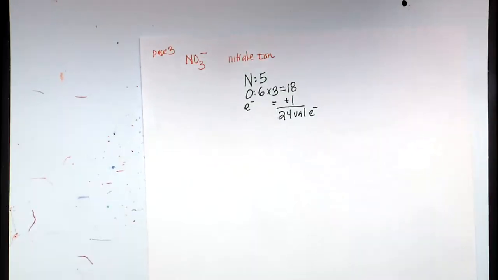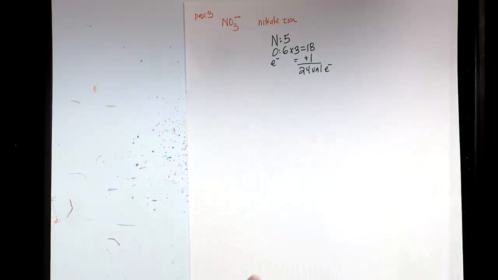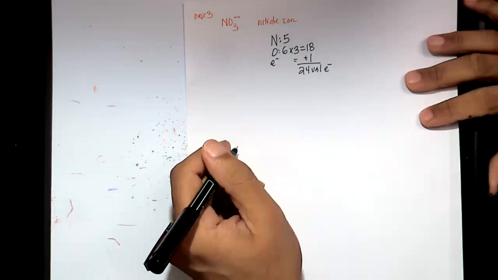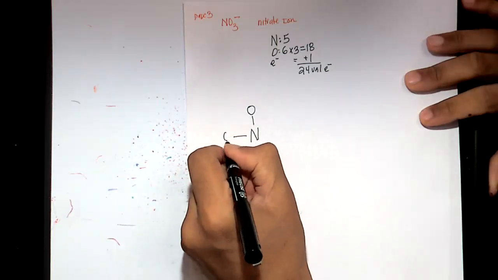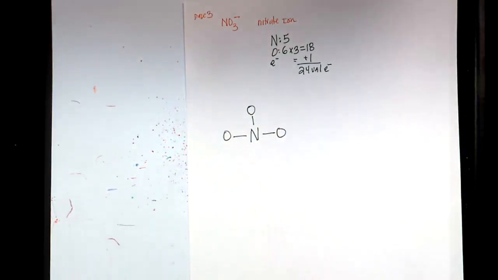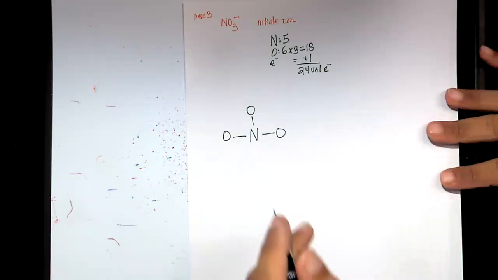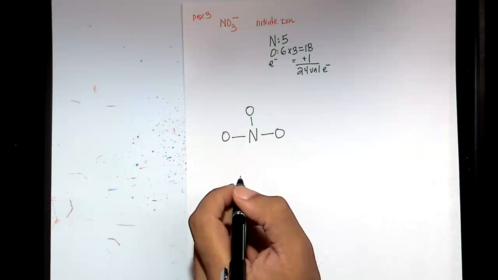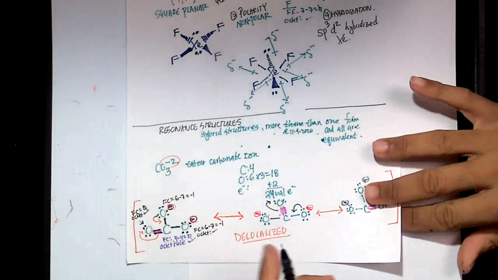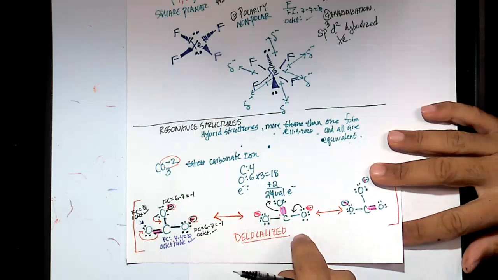Let's make nitrogen our central atom because I don't know which of the 3 oxygens is going to be the center. So nitrogen. Okay, let's do this. 1, 2, 3. What do you think we should do here? Remember from our last lecture, what will give an oxygen a minus formal charge?